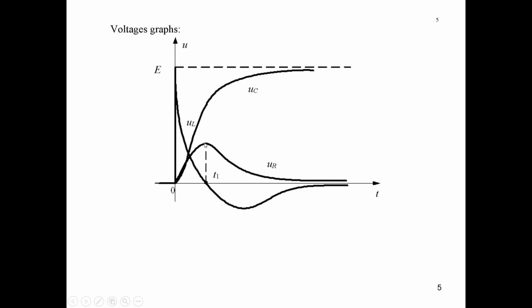One more time, you see, UR is just similar to I. So when this current is increasing, UL, its derivative, is positive. When it reaches maximum, UL will be equal to 0, and when IL decreases, UL, its derivative, will be negative, and it will tend to 0 when t tends to infinity.